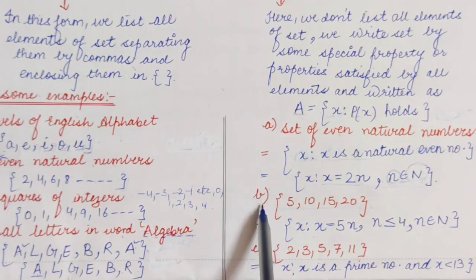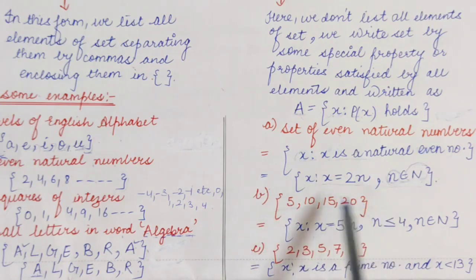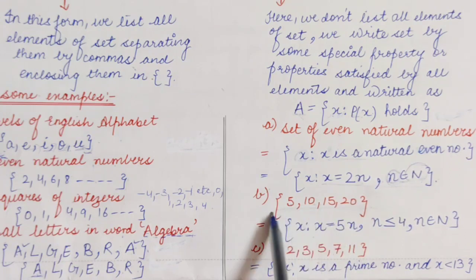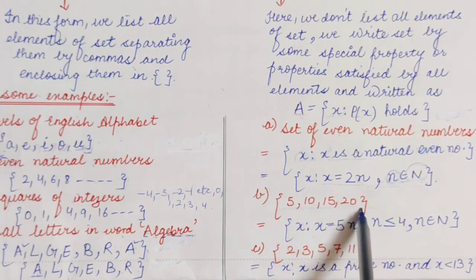Our B part, second example, see. Here all these 4 elements are written in the roster form. So first of all we have to observe which property they are satisfying.